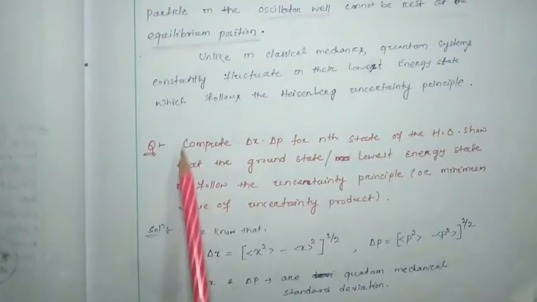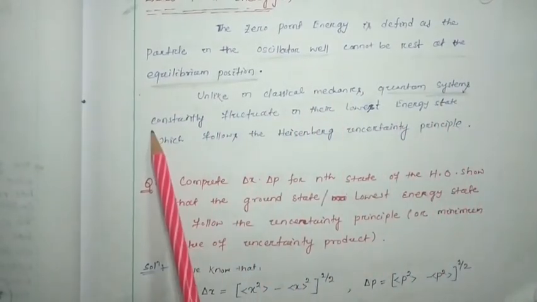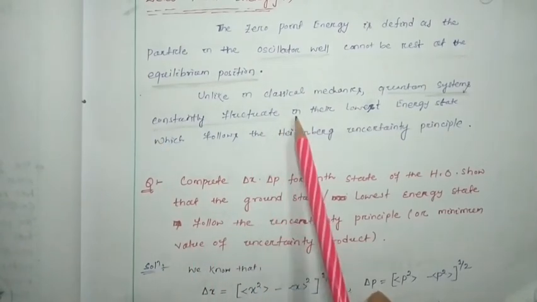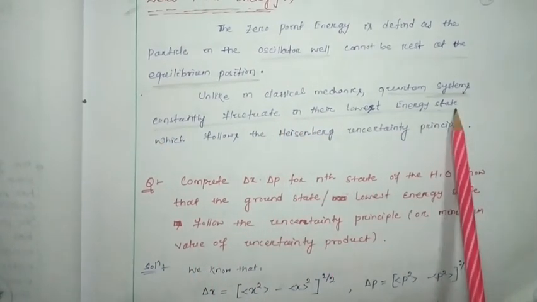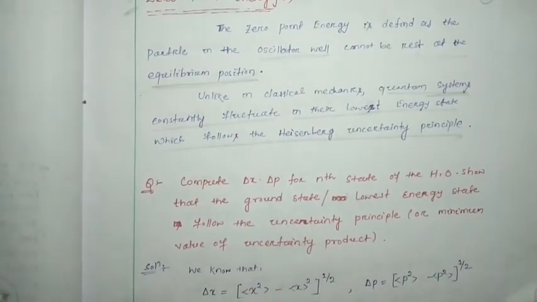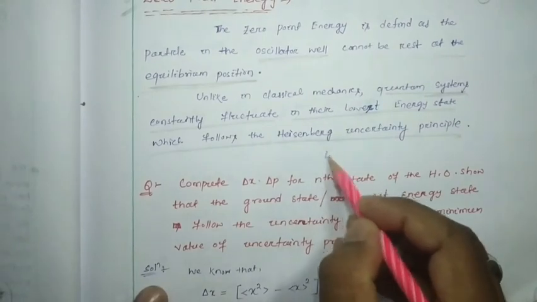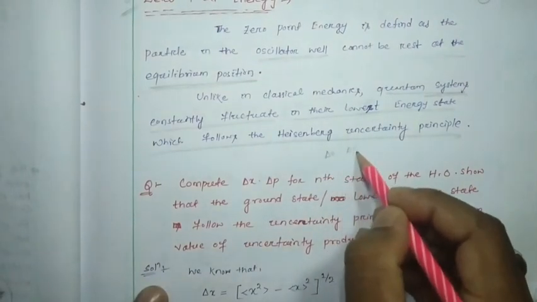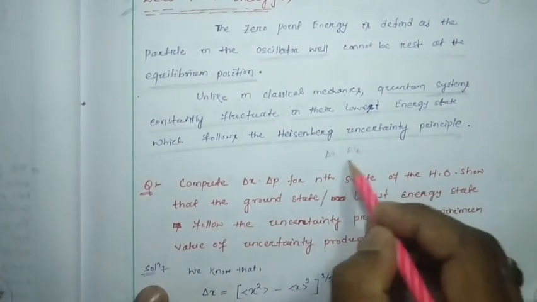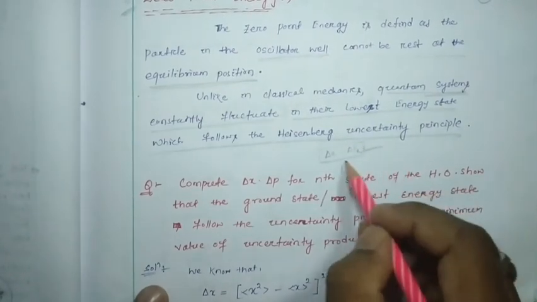Unlike classical mechanics, quantum systems constantly fluctuate in their lowest energy state, which follows the Heisenberg uncertainty principle. If a quantum system is in a dynamic state, then its corresponding del x and del px at a particular time and place will have an uncertainty.